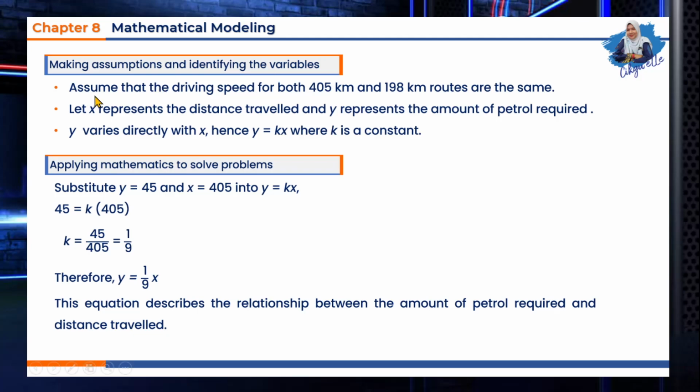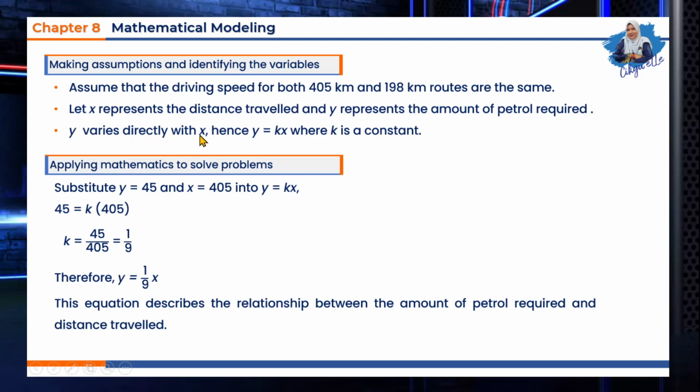So here we assume that the driving speed for both the 405 kilometer and 198 kilometer routes are the same. So we make a simple assumption. Now we give the variables involved in this problem: let x represent the distance traveled and y represent the amount of petrol required.